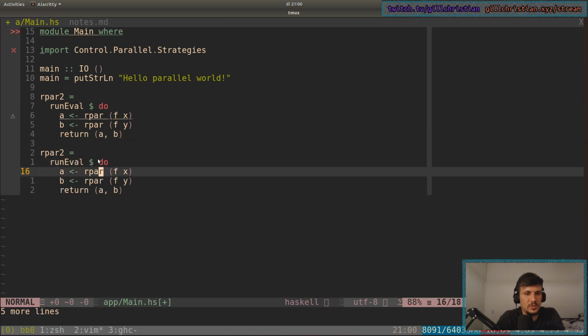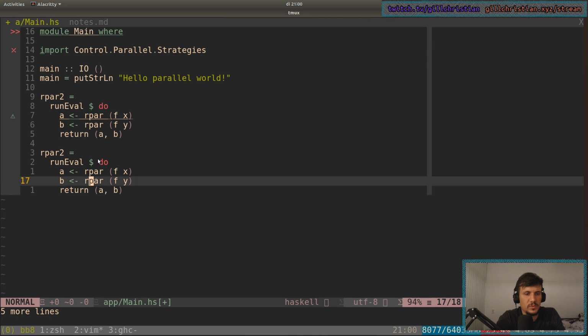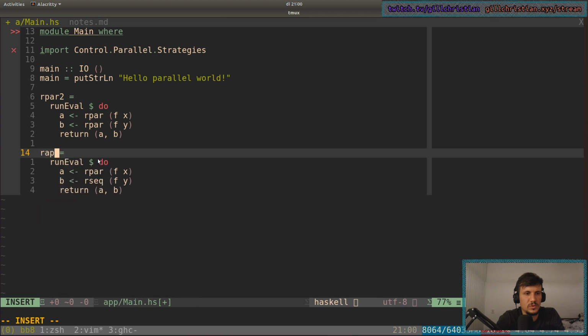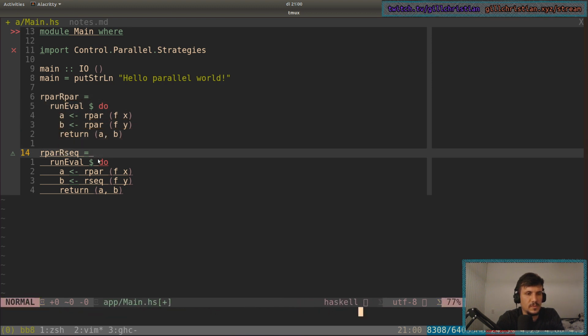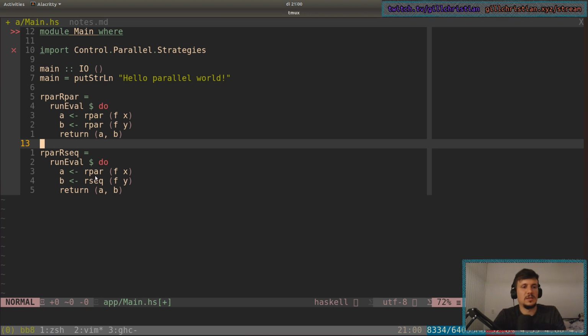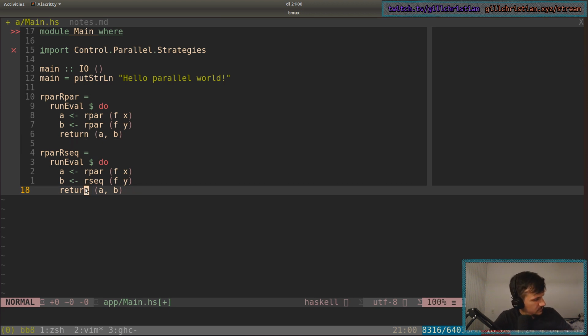And then we have rseq. The linter doesn't like it. And yeah, so that one is sequential.